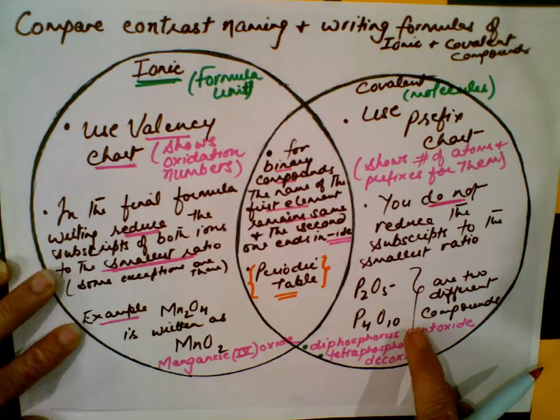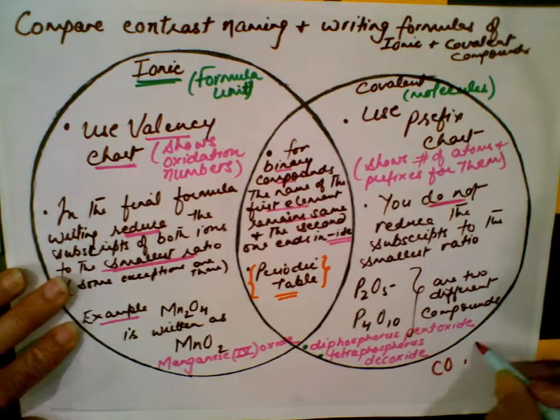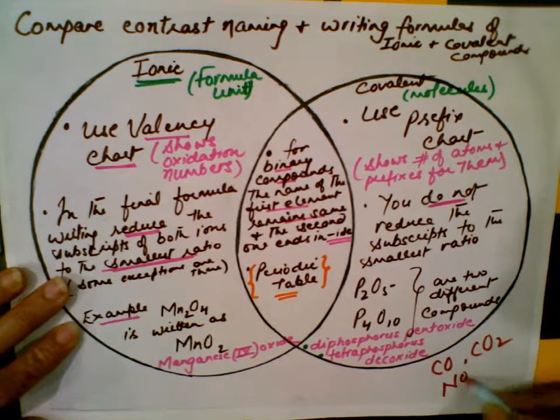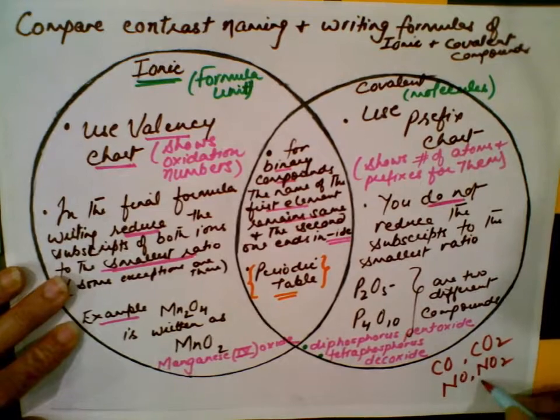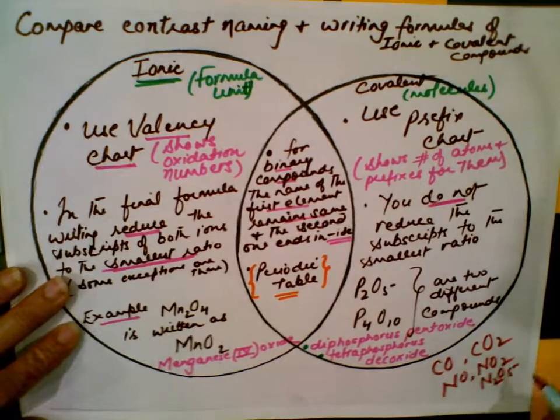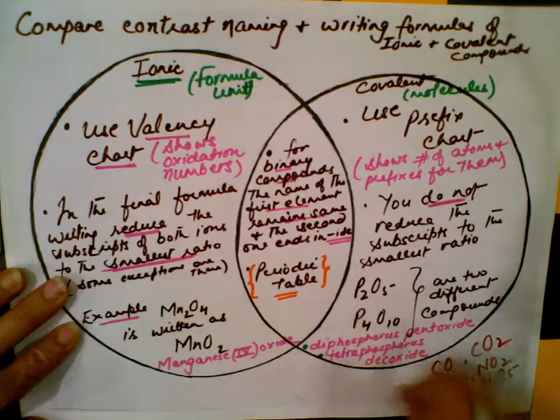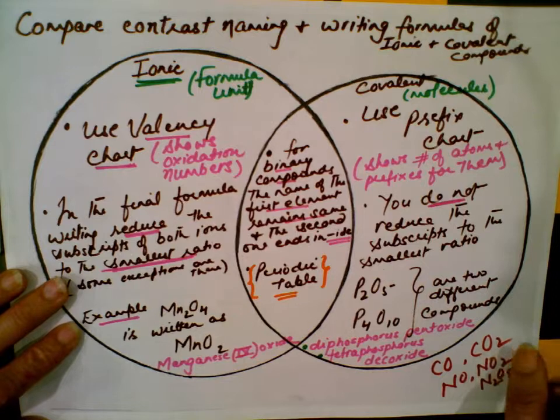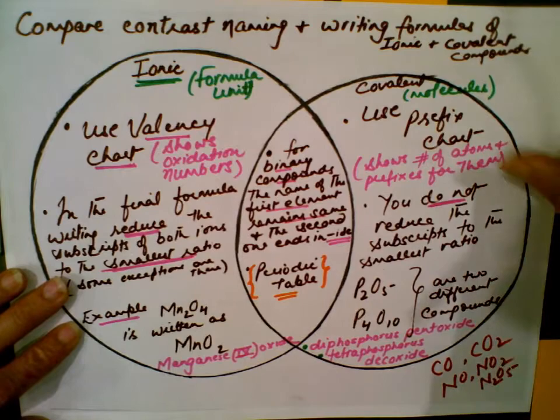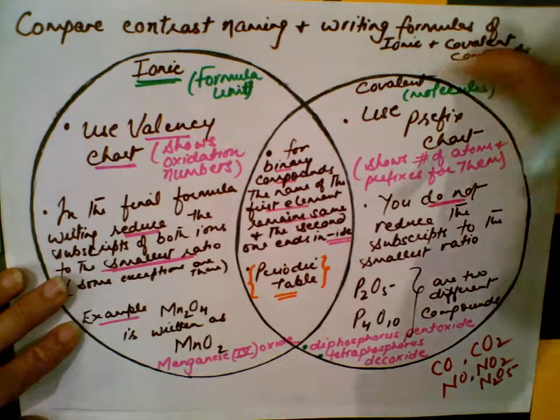You did N2O5. So they are the same element, but they can still combine in a different ratio to form different compounds. That is why we need to use prefixes for covalent compounds.